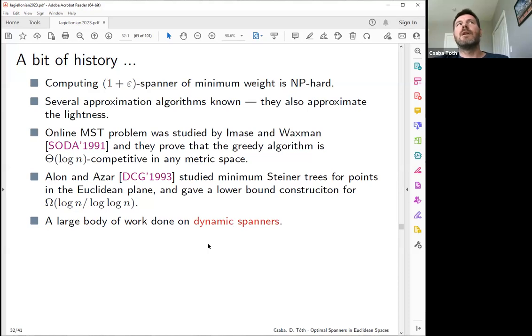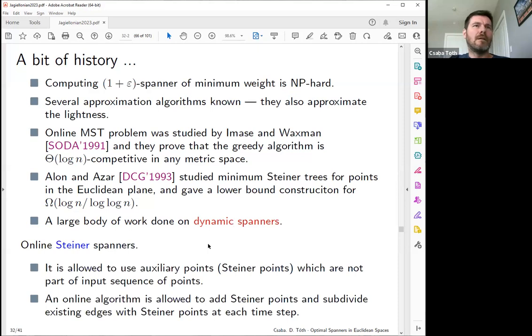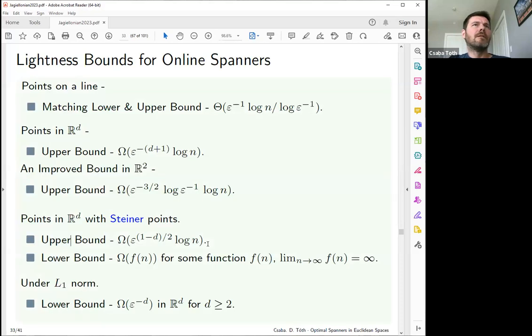For online algorithms, the update time doesn't matter. The key parameter is the competitive ratio. Of course, there is also a Steiner point version, where the algorithm can add Steiner points but also cannot delete them. And these are a bunch of results I could talk about, depending on time.